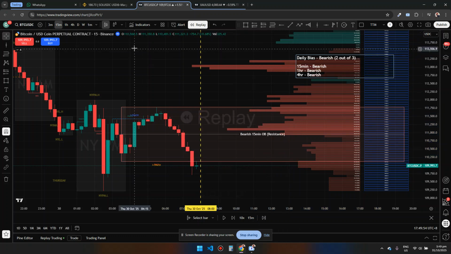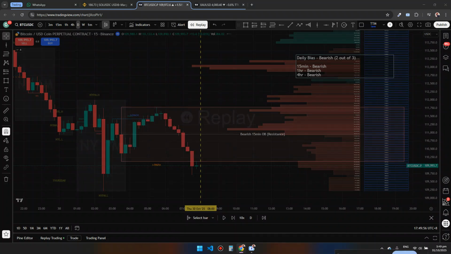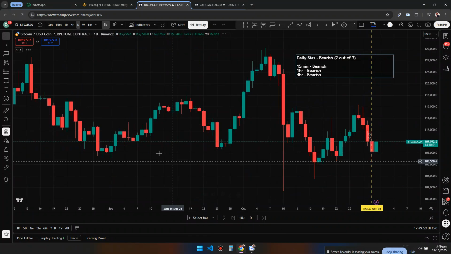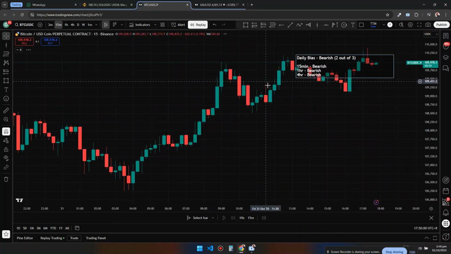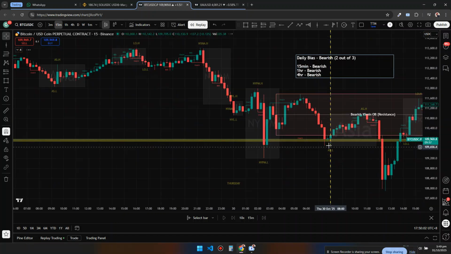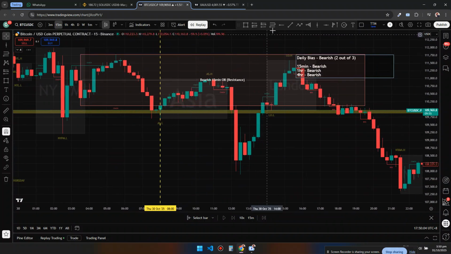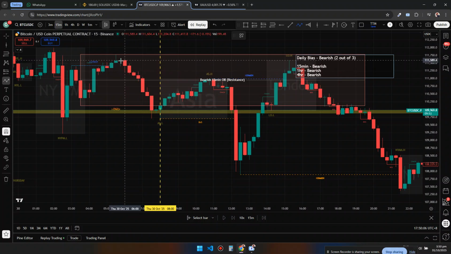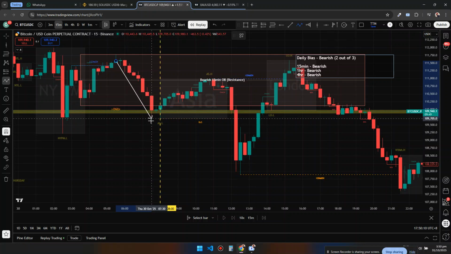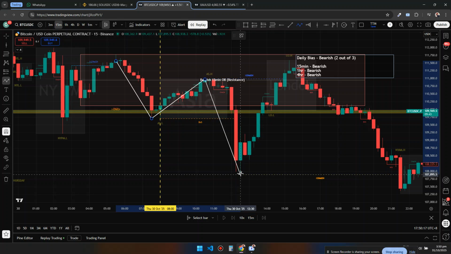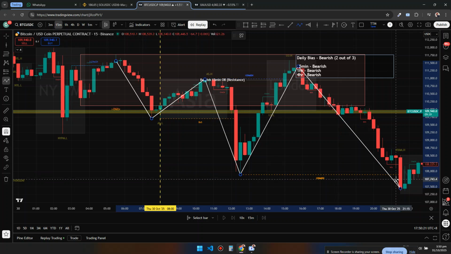So let's look at the day, throughout the day, what happened. So you can see that before 8 a.m., price broke out of the resistance, and then it tapped into it again, then came down, tapped into it again, and then came down.